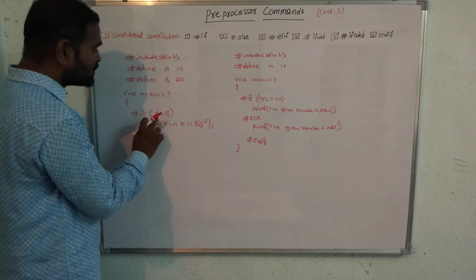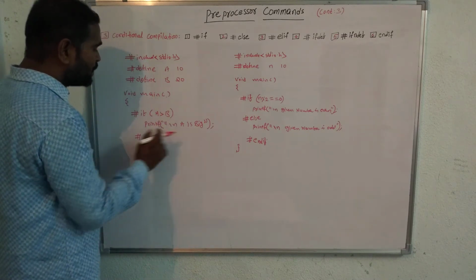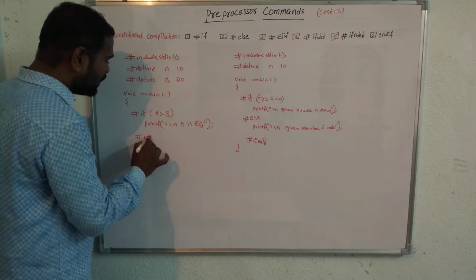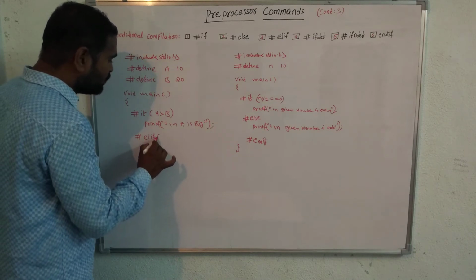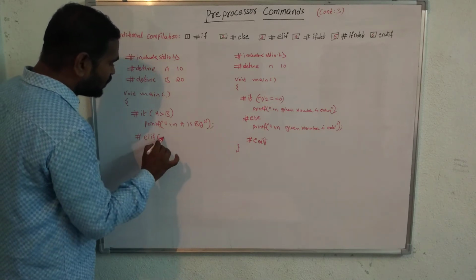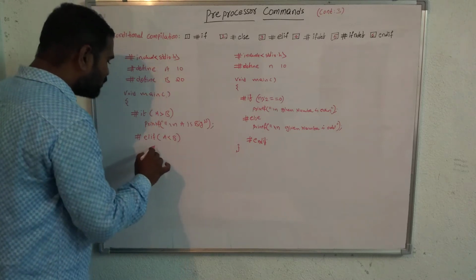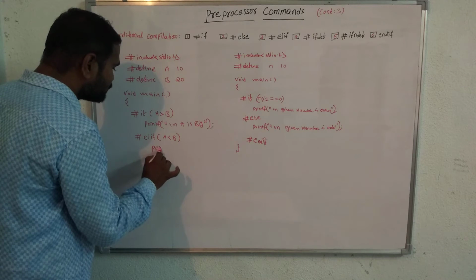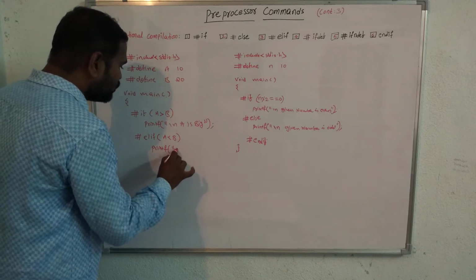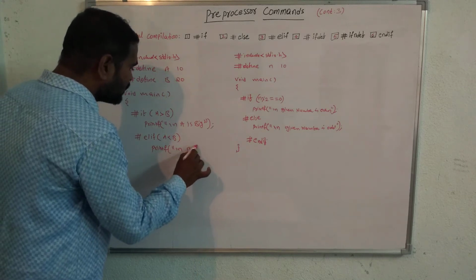If this condition is true, then a is big. Otherwise #elif a is lesser than b, at that time printf "\n b is big".